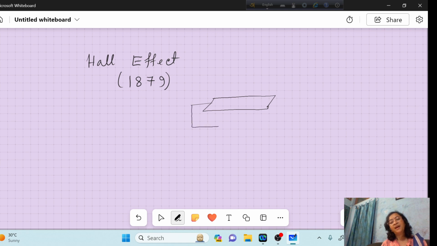Then if we apply an electric field, there will be a current along this direction and the electrons will drift along this direction. We are all aware of this situation. This is the direction of current, and say Vd is the drift velocity of the electrons.